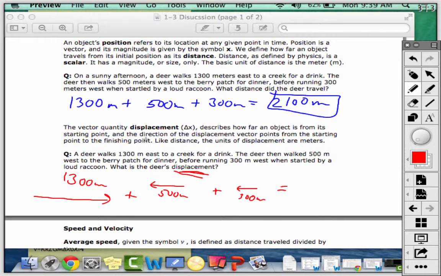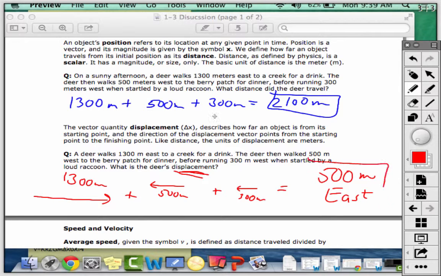What is the deer's total displacement? This is kind of like the tug-of-war problem that we had before with Darian and Keno. Well, I don't really add these per se. I would do more like 1,300 minus 500 minus 300. And so what would I get? 500 meters. And what would the net direction be? East. Very good. Don't forget that.